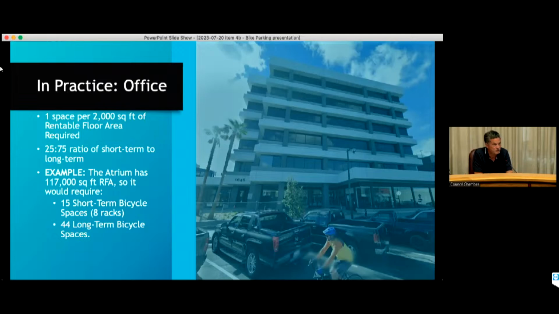You look at how much space the bike lockers take up at BART, and you try to imagine, okay, I've got to fit 44 of those somewhere, especially in a renovation of an existing building where you want to get everybody up to code, but you don't have a blank slate to work from. You're working from an existing structure.